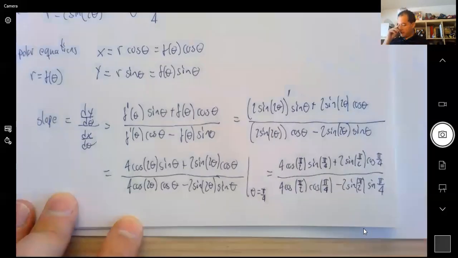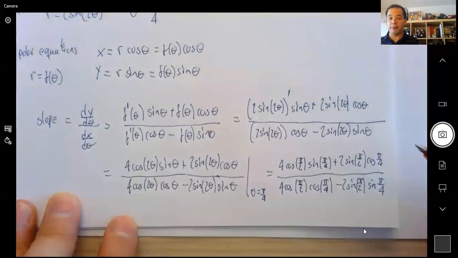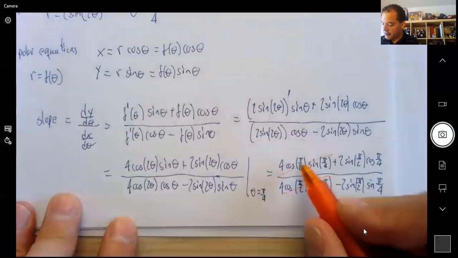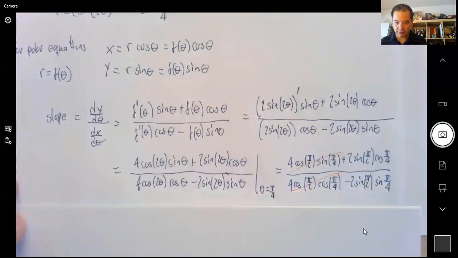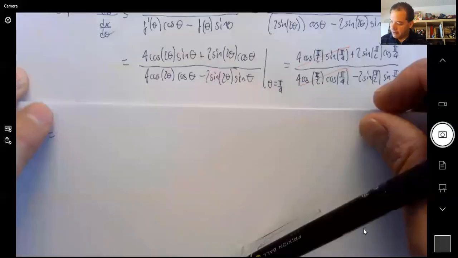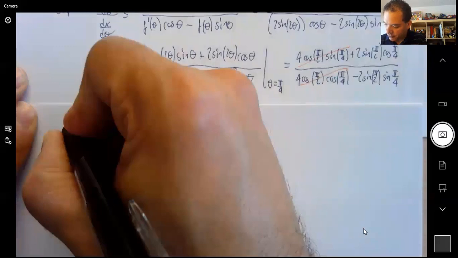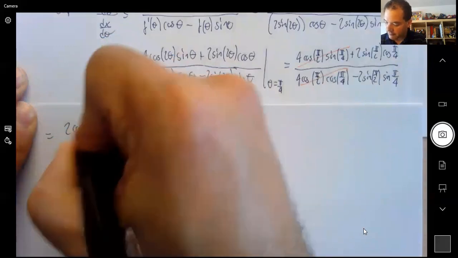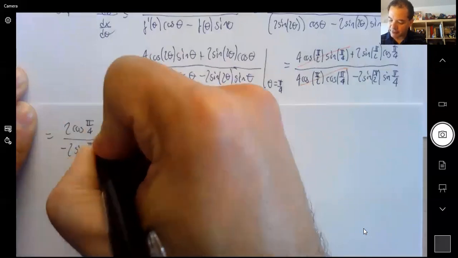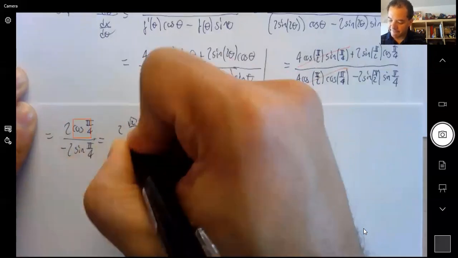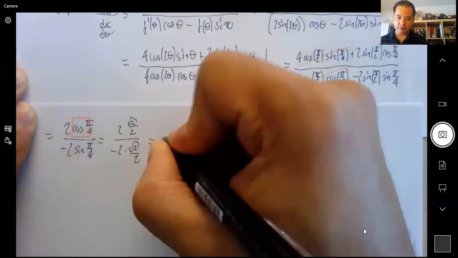And fortunately here, cosine of pi over 2 is 0. So this guy cancels. And sine of pi over 2 is 1. So this becomes 2 cosine pi over 4 divided by negative 2 sine pi over 4. Both of these are radical 2 over 2. So the answer is -1.